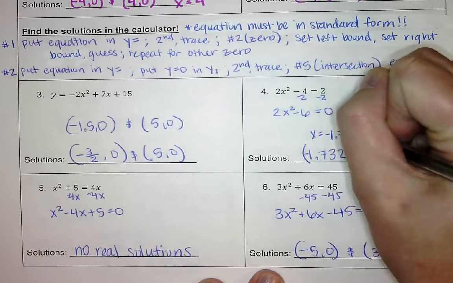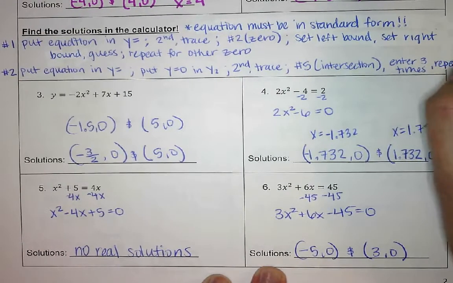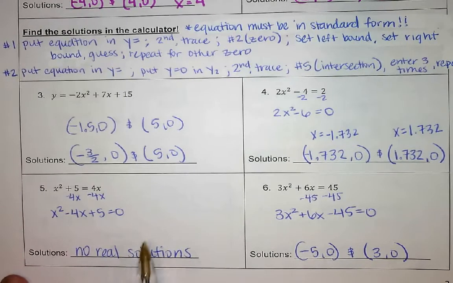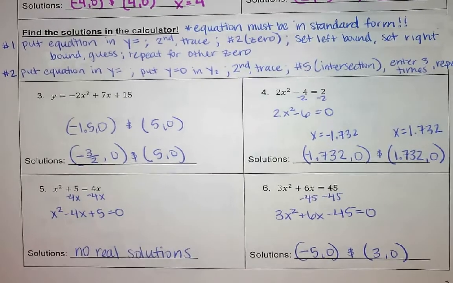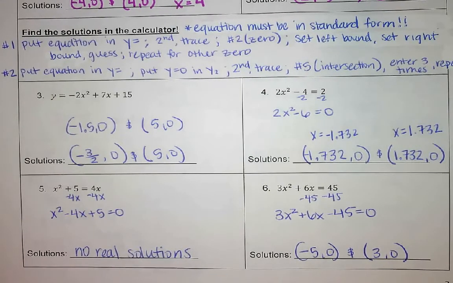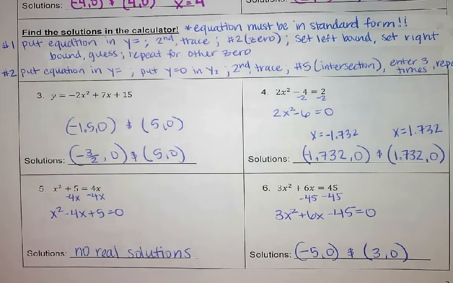Now on number 4, if you look at it on Desmos, it actually gives you your little values right there, or you could have done, and I personally prefer, the intersection method on your graphing calculator. But we had negative 1.732 and 1.732.